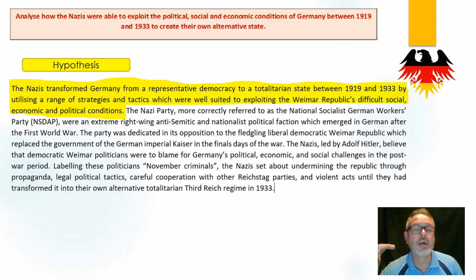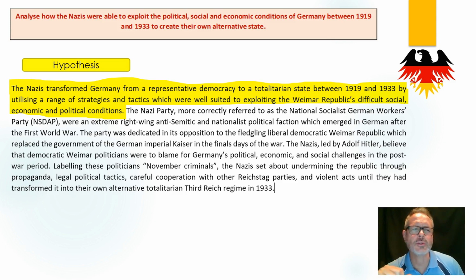The hypothesis clearly states the time and place of our historical conversation that we're about to have. We're making a stand on a historical issue here, and we need to make sure we're very specifically connecting to the right time and the right place. So we've got Germany, 1919 to 1933. That's what we're talking about.